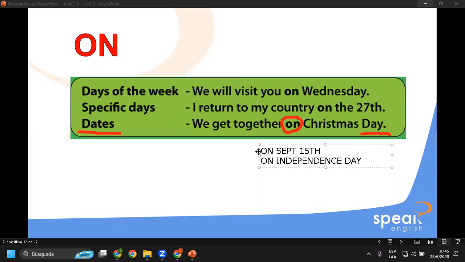If I say, guys, on Independence Day, we don't have classes, do you understand when we are not going to have classes? Yes, because it's a specific day. If I say, guys, on Father's Day, we don't have classes, do you know what day I'm talking about? Yes. So if you are talking about a specific day, you have to say on.